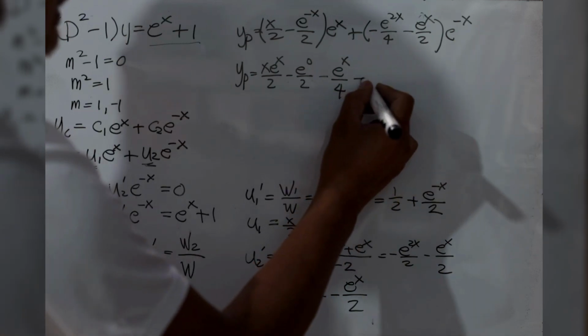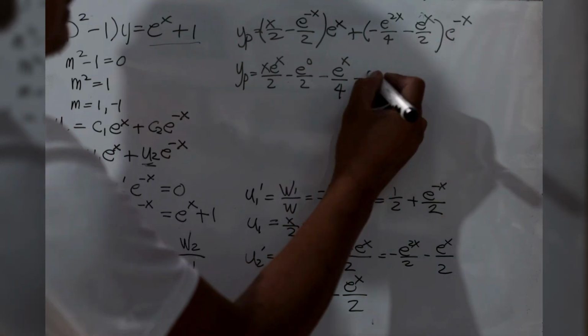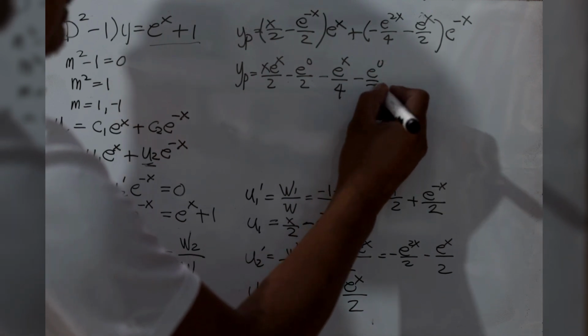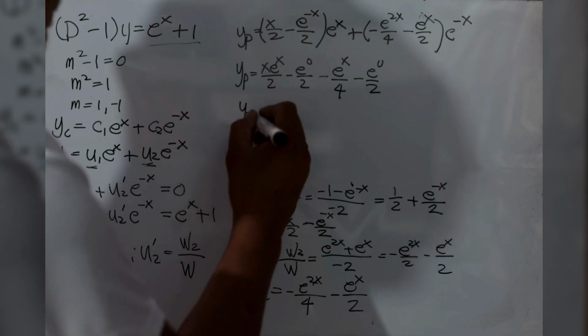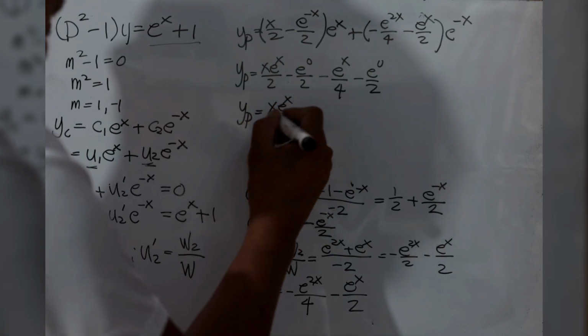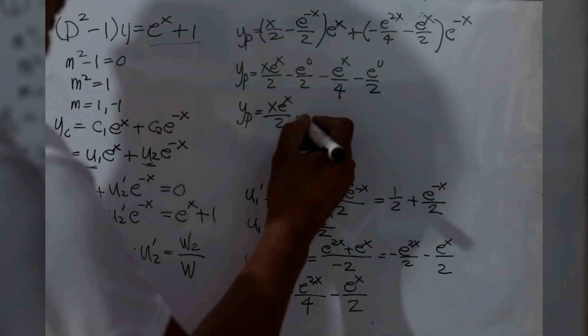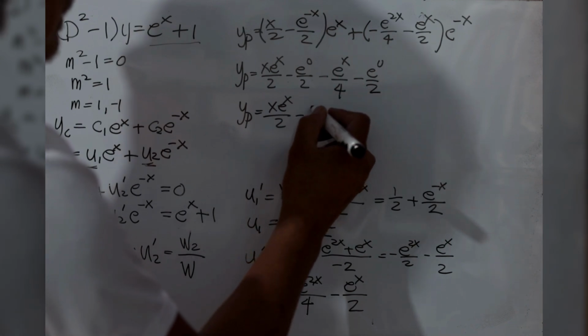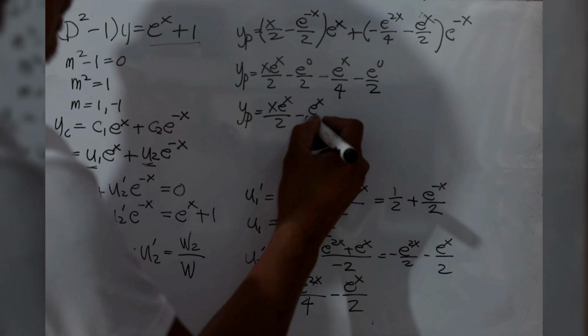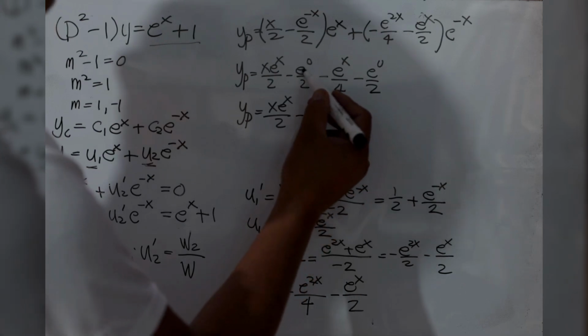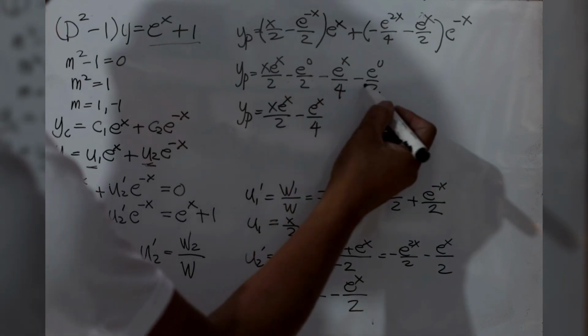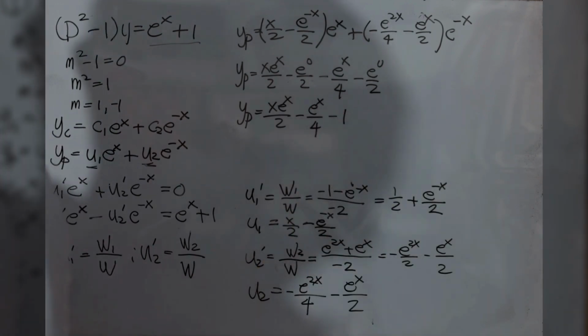This one will give you negative e to the 0 over 2. So y sub p is x e to the x over 2. Let's write this one first. e to the x over 4. So this is 1 half, 1 half. So minus 1 half minus 1 half is negative 1.